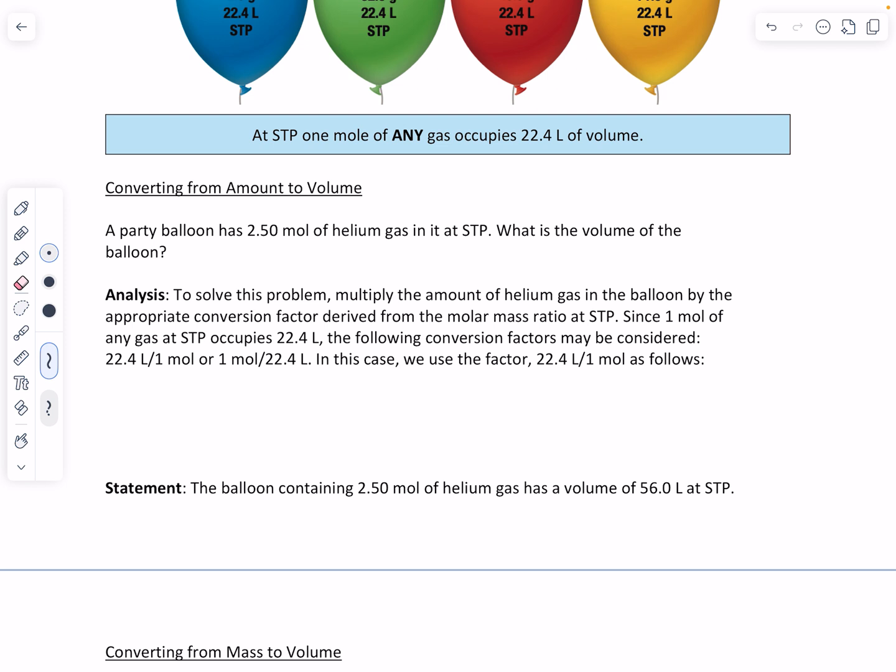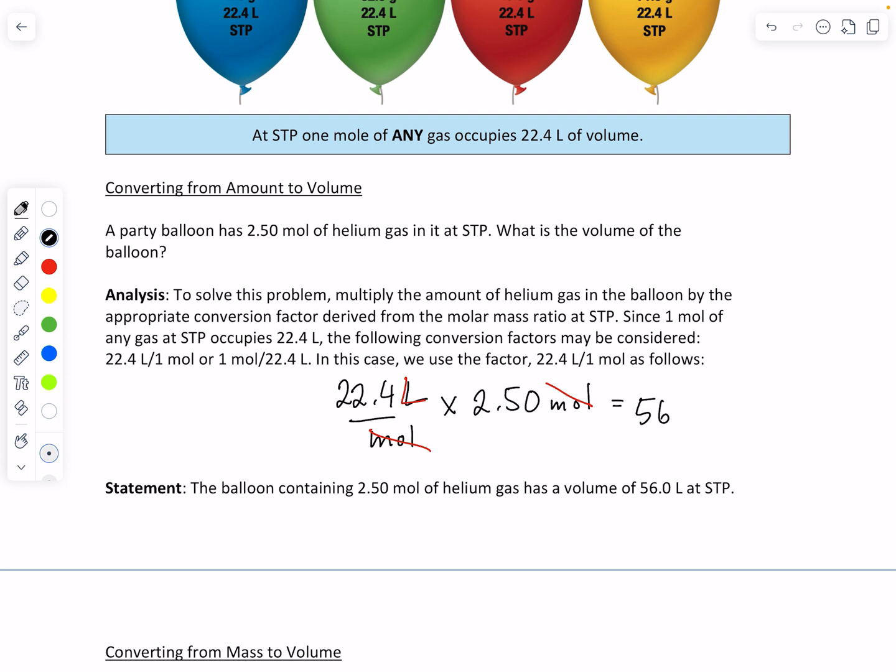Since 1 mole of any gas at STP occupies 22.4 liters, the following conversion factors may be used. If we multiply this conversion factor by the number of moles, we will find our new volume, which is 56.0 liters at STP.